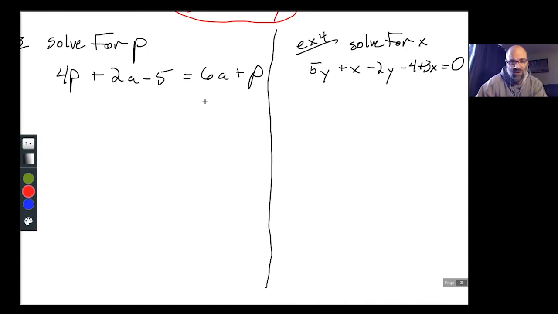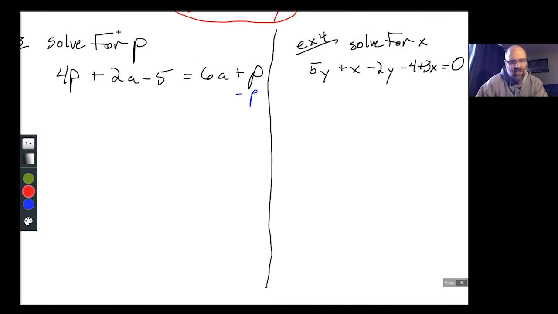So step 2 is if you have variables on both sides. Now remember, the only variable that we're concerned about are the p's. And we do have p's on both sides. So it says eliminate the smaller one. Which one is smaller, 4p or 1p? Just 1p. So we're going to get rid of that p. You can either do the shortcut and bring that positive p over there and it becomes negative p. Nobody wants negative p.